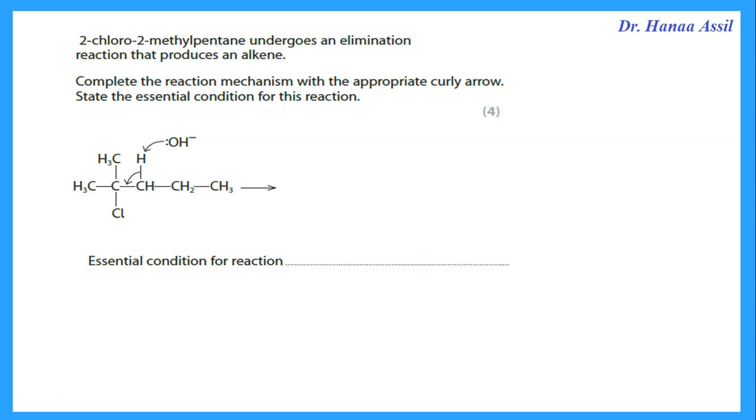2-chloro-2-methylpentane undergoes an elimination reaction that produces an alkene. Complete the reaction mechanism with the appropriate curly arrows. State the essential condition for this reaction. So in this case, we're trying to make an alkene. That means the OH minus is acting as a base. It's taking the proton, giving the electrons to form a double bond, and replacing the Cl.